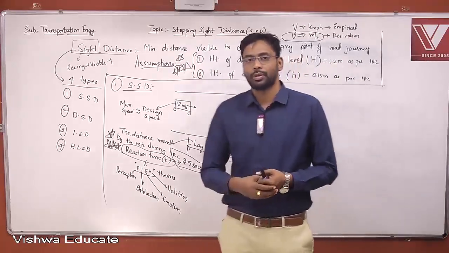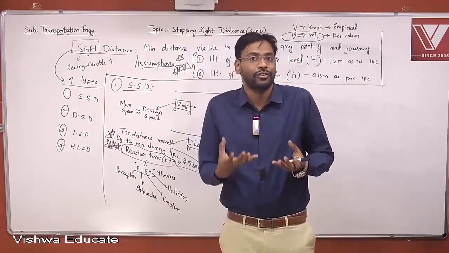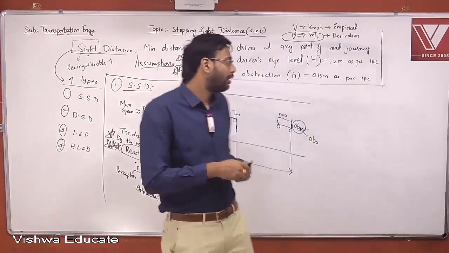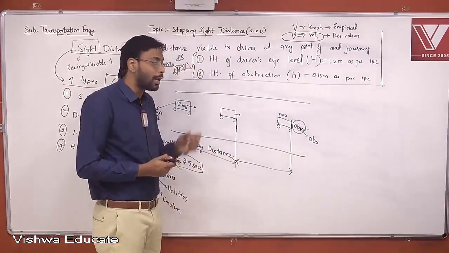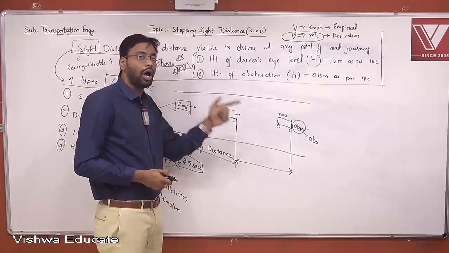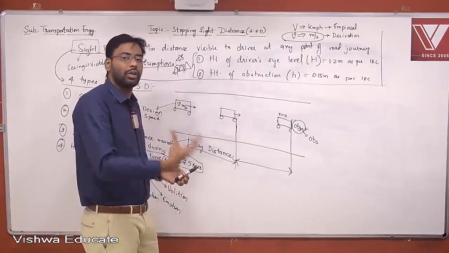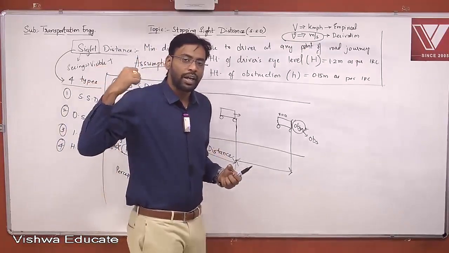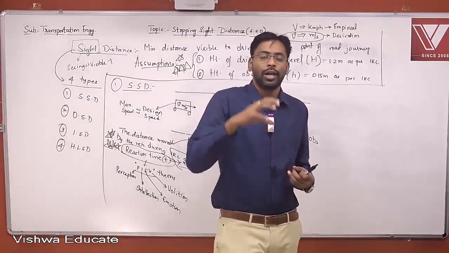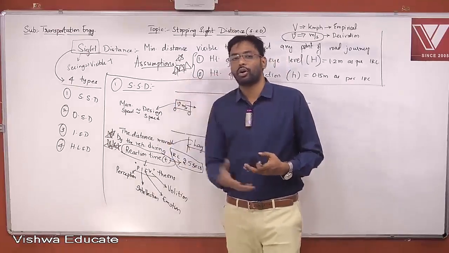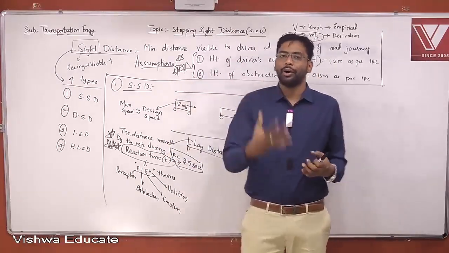Now, what is perception? Perception means feeling the obstruction. And how are you feeling the obstruction? By looking through your eyes. Similarly, when you're traveling on a road, somebody may give a horn to you. So that means he wants to cross your path, you were an obstruction, right?